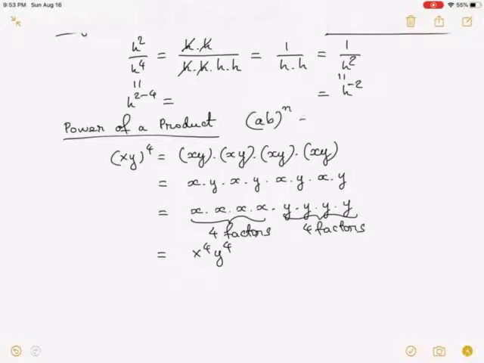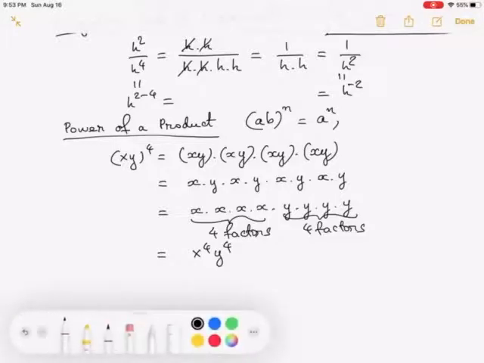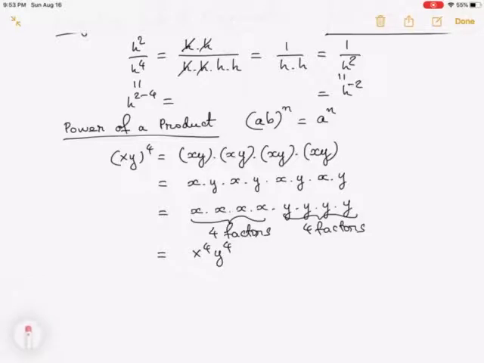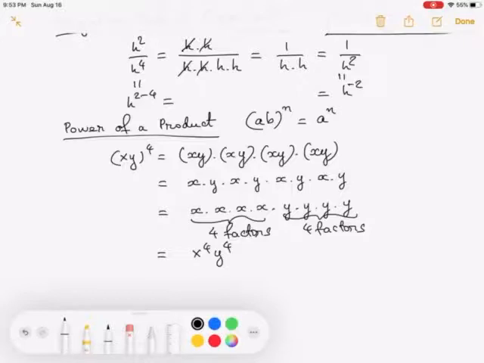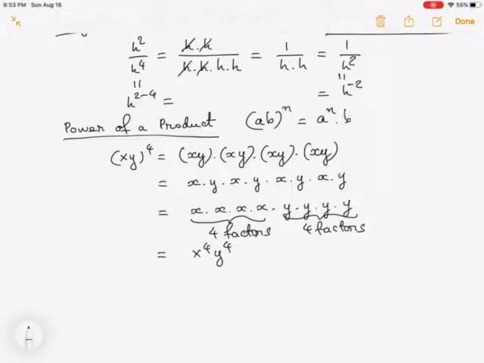So the rule is that ab to the power n is the same as a to the power n times b to the power n, provided that a and b are not equal to 0.